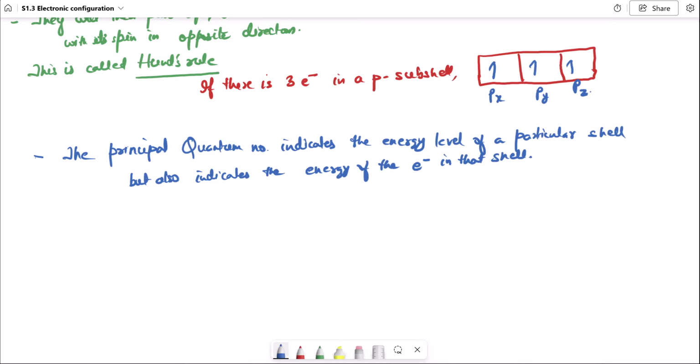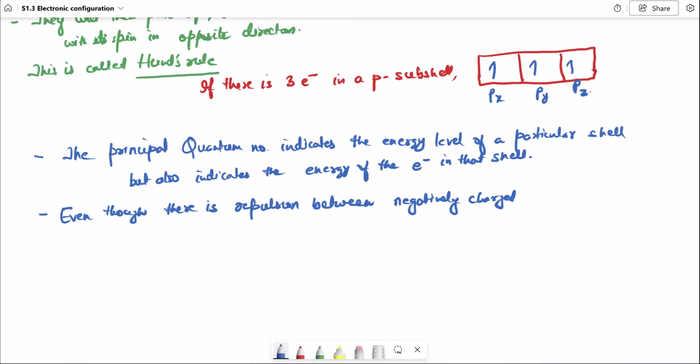So even though there is a repulsion between negatively charged electrons, they occupy the same region of space in the orbital, right?